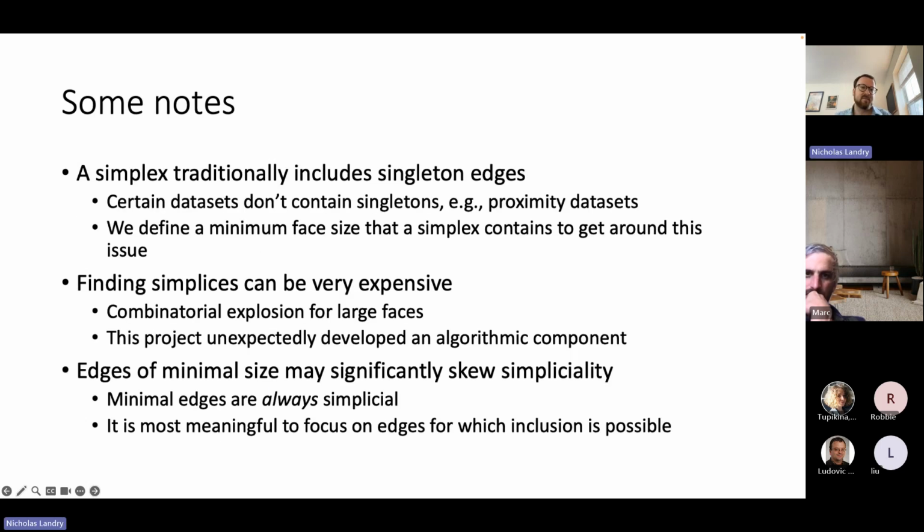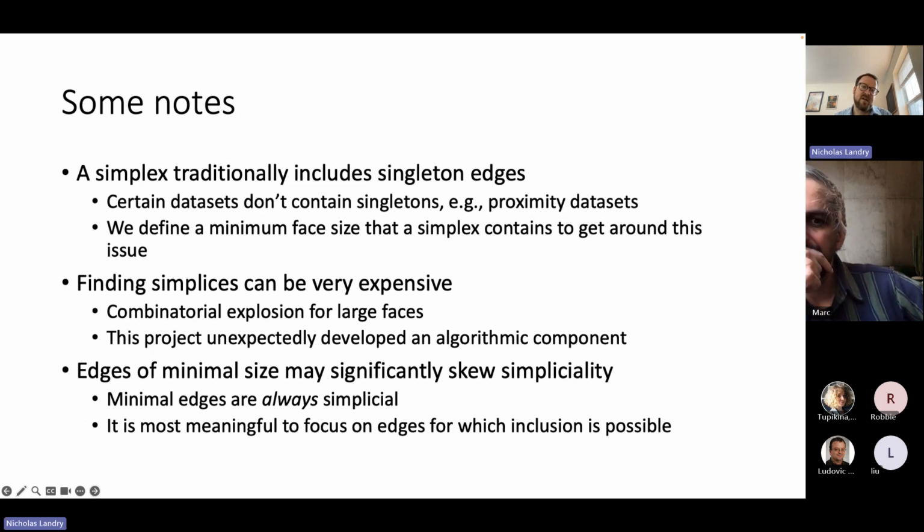So I just want to make some notes about this before we keep going. And that is that if you're familiar with simplicial complexes, specifically abstract simplicial complexes, people will typically include the empty set and singleton edges. What's kind of a problem is that some data sets just don't include singletons at all.